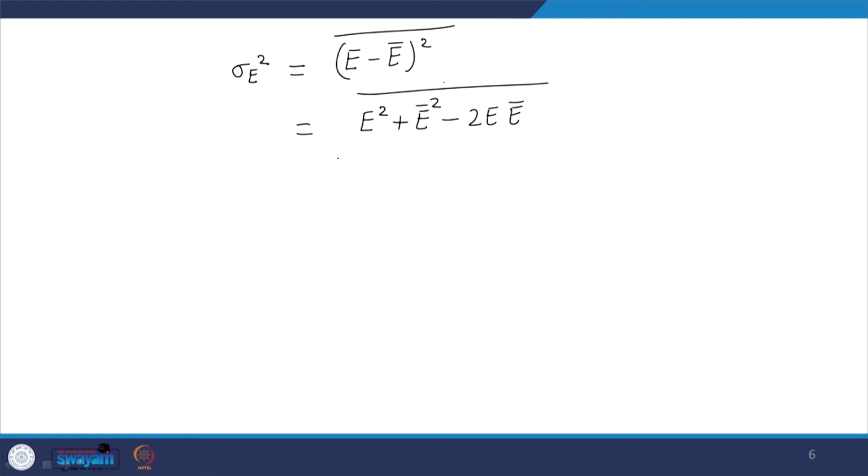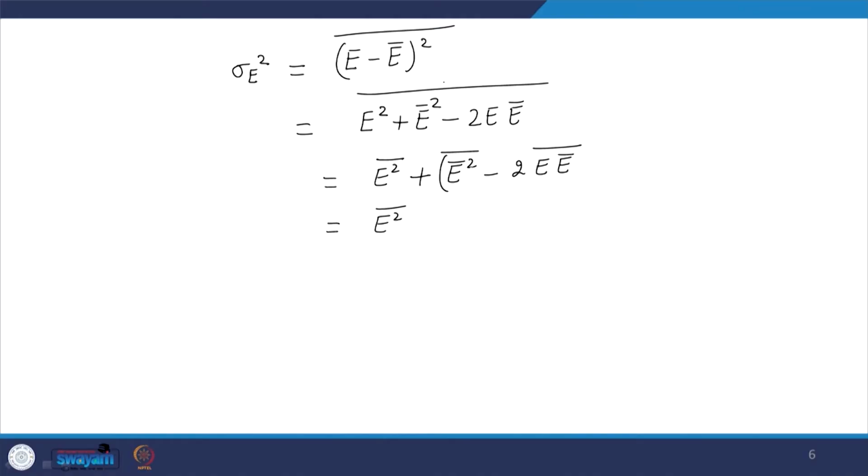So, I can write this as the average of E squared, plus the average of E bar squared, minus 2 E bar times the average of E. Clearly, for the first term we have to compute E squared and average it, and it will be different for every state. But in the second term it has already been averaged. So, you have E bar squared.